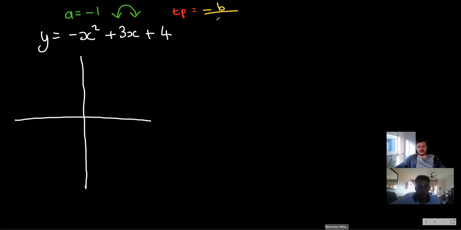We can see our b is 3, and our c, that is our y-intercept, is equal to 4.